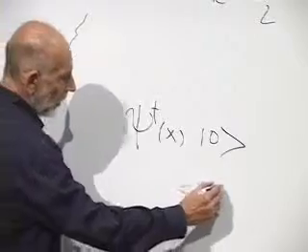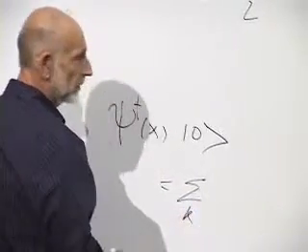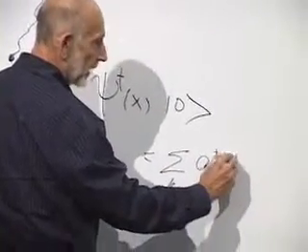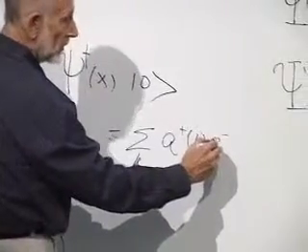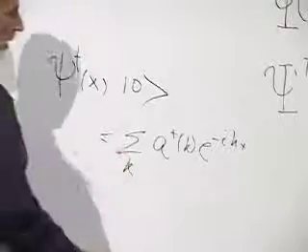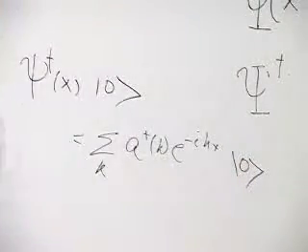This gives the sum over momenta k, creation operator of momentum k, e to the minus i kx, acting on the vacuum. The vacuum means the state with no photons in it, for example.